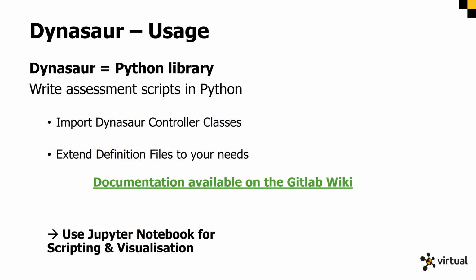And one way how we are using it is to use a Jupyter notebook for the scripting and visualization, because it's nice to have the scripting and the visualization in one place. So it goes more in the direction of something with a GUI, but it's an interactive notebook where you can put in your Python code, execute it, and then you directly have your visualizations in there.